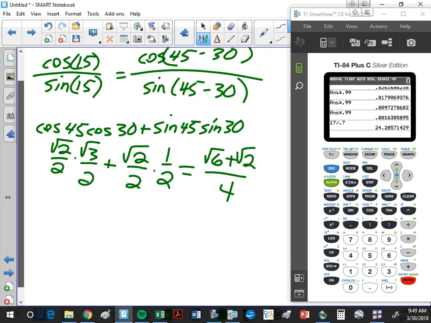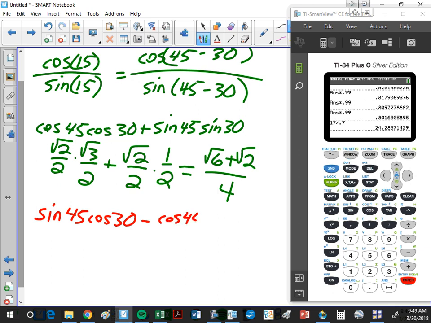Now we're going to do the sine. Am I going too fast? So sine of, I'll write it out. So sine 45 cosine 30, and then what sign do I use here? Minus. Good.